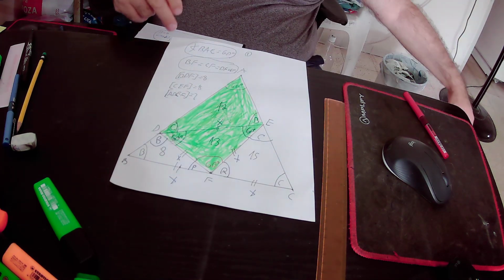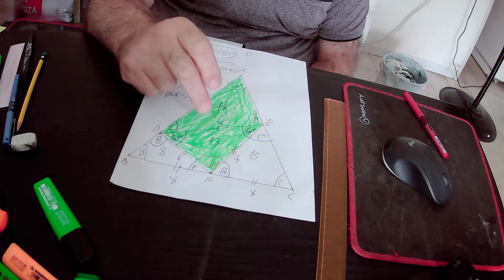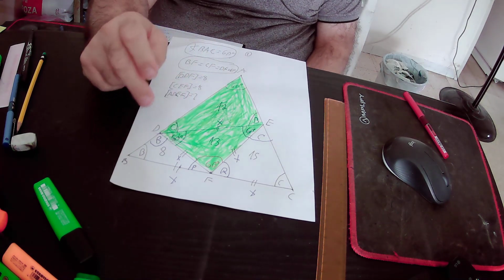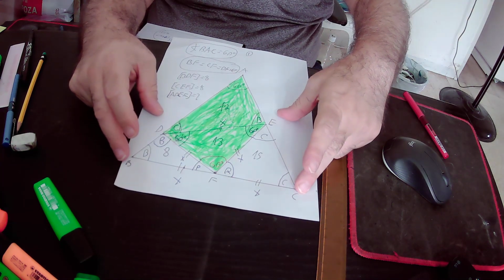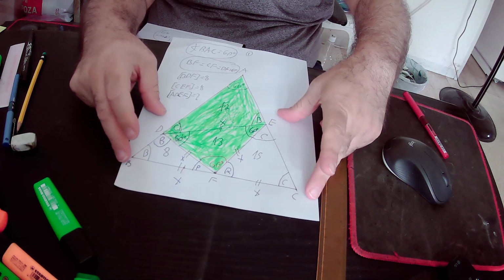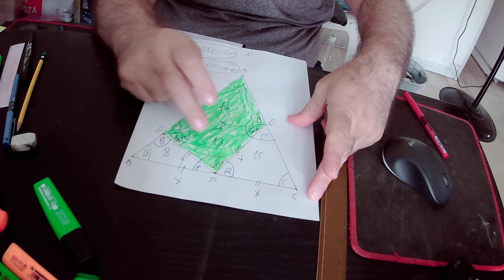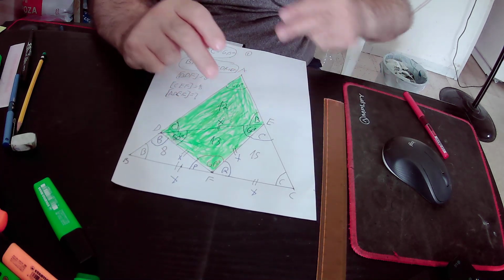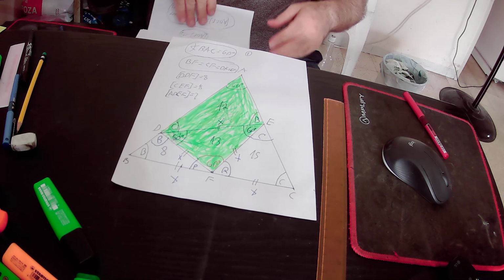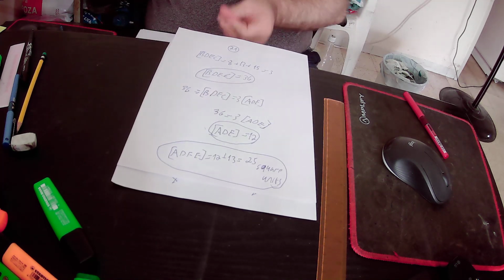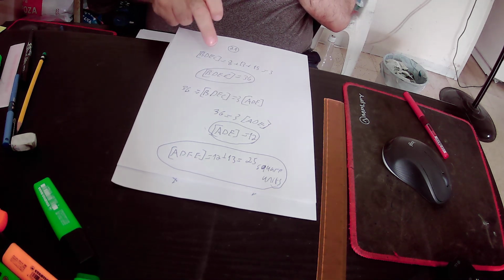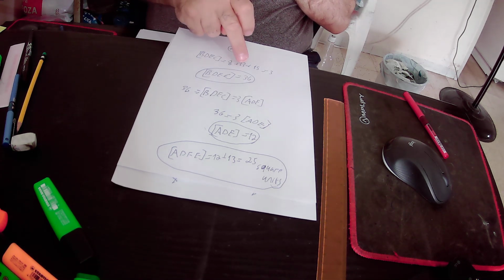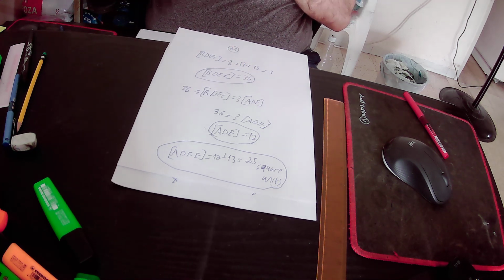So after we found out that the area of the equilateral triangle equals 13 square units, we know that the area of the quadrilateral BDEC equals 8 plus 13 plus 15, that is 36. So the area of the quadrilateral BDEC equals 36 square units.